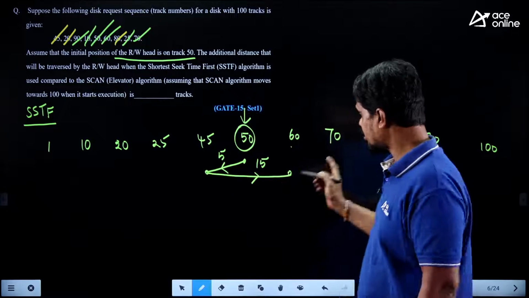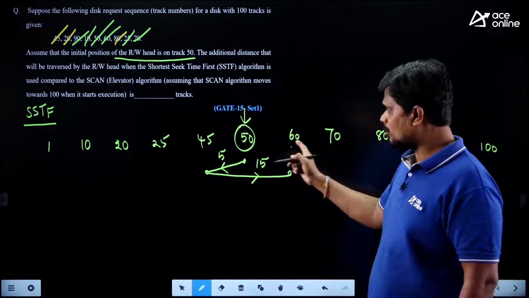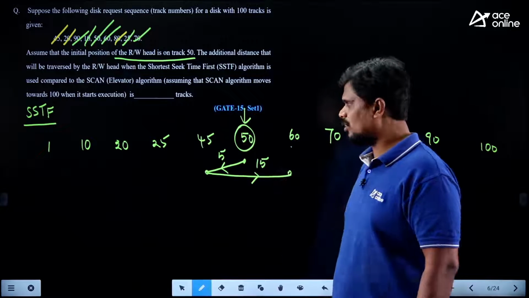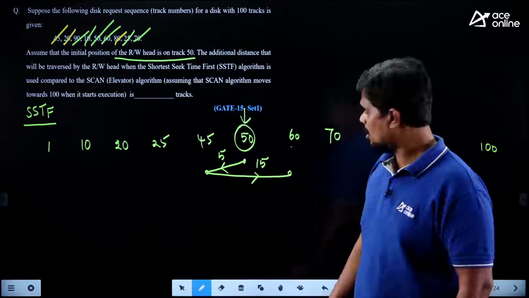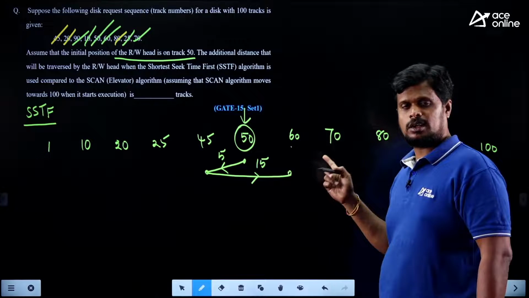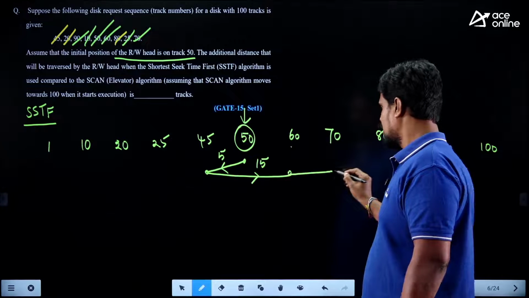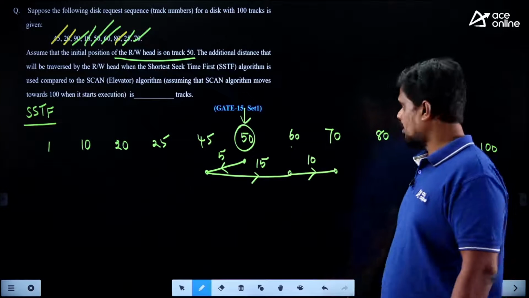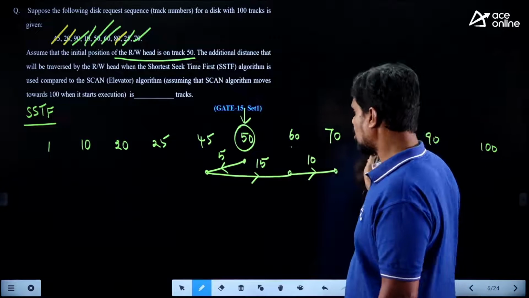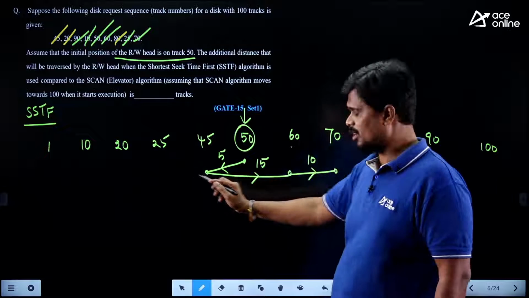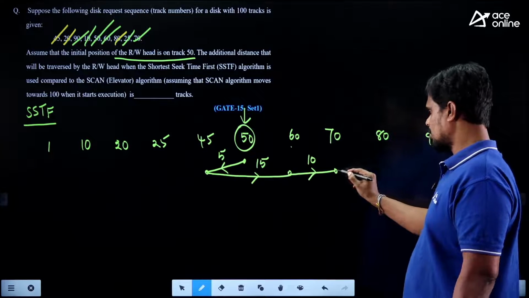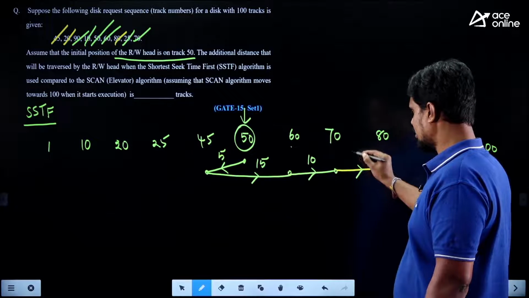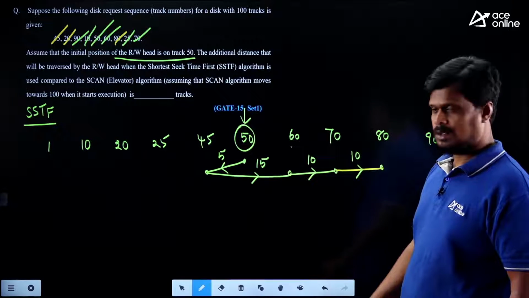From 25 to 60, the distance is 35. But from 60 to 70, it is 10 only. So that's why we will go to 70. This is 10. Then from 70, is 80 at the shorter distance or 25? 80 is at the shorter distance. So we will go to 80 here, a travel distance of again 10.